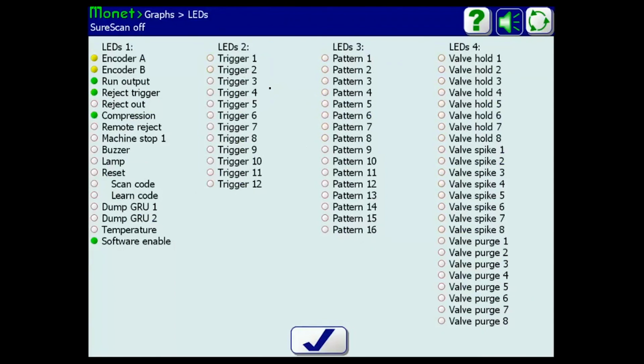There could be a broken wire or a conductor within the cable. What this screen allows us to see is that when I put something underneath trigger 1 and I see the little LED light up on the physical sensor, I can ensure that that signal is actually making it to the Leary controller. Okay.